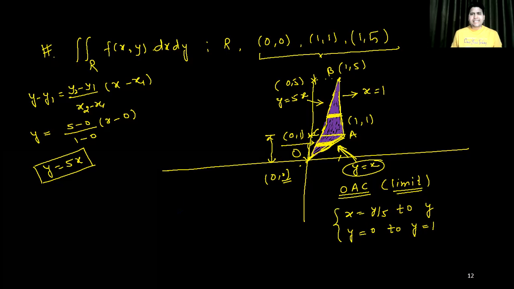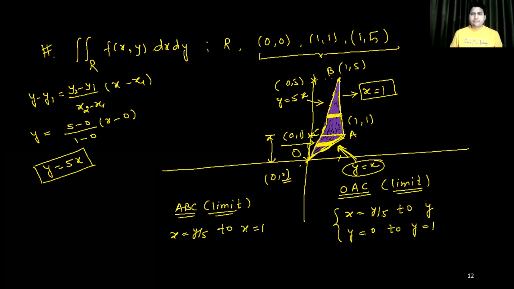Moving to the second region, that is region ABC. What will be the limits for this region ABC? It will once again start on the same curve, so x equals y upon 5, and terminate on the curve x equals 1.